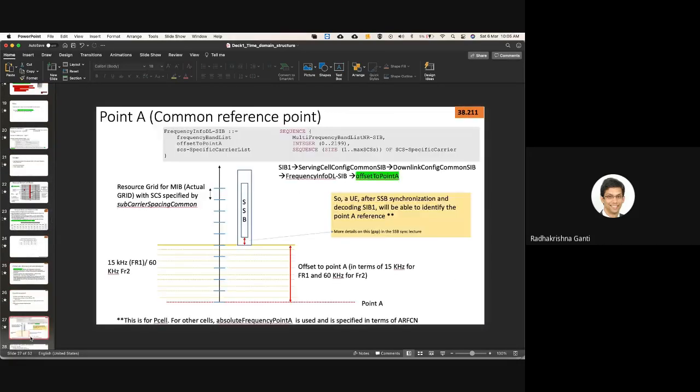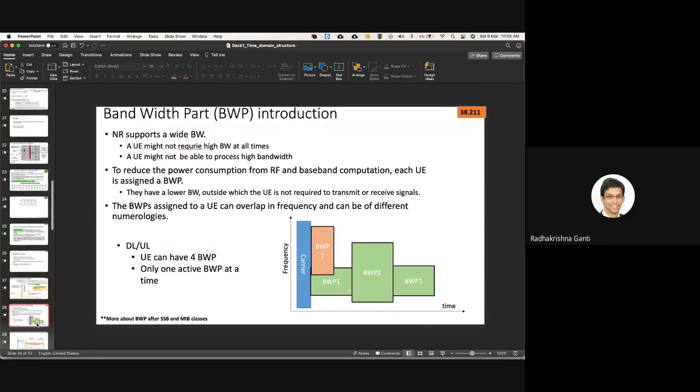Then we learned about the coordinate system. We talked about point A and offset to point A. We also started looking a little at the information elements and how to look at them in 38.331. Then we were introduced to the bandwidth part. Essentially, a bandwidth part is a smaller part of the carrier in which a particular user will be served.